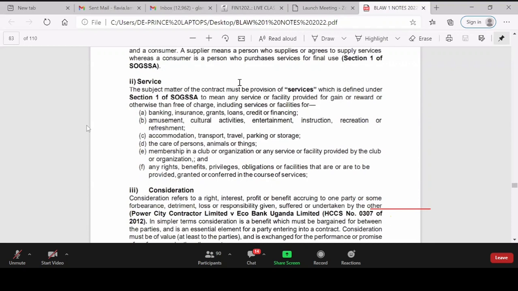But when you get to the hospital and they have checked you and they have said you have malaria, we are going to give you tablets, Panadol, chloroquine, whatever it is they give you. Those are goods.